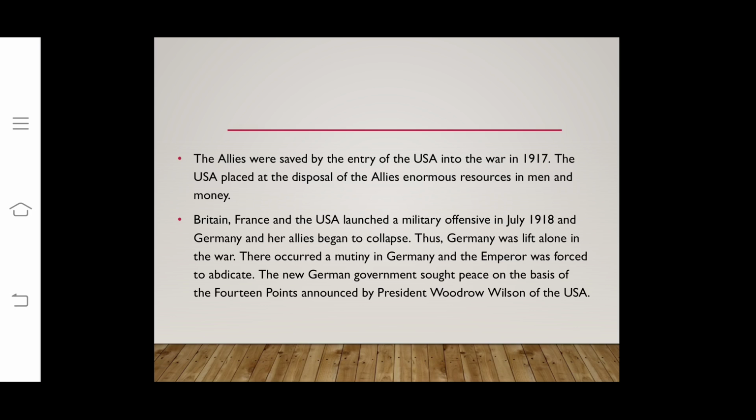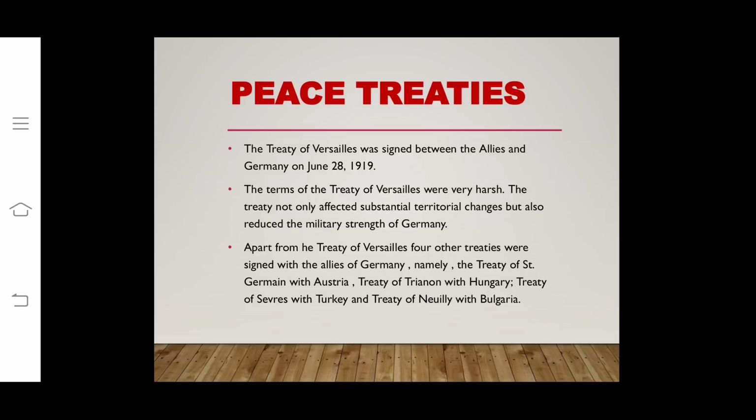There was internal disturbance in Russia. So there was a revolt in Russia against the Tsar, the autocratic Tsar. So the Russian Revolution marked the exit of Russia from the war. The entry of USA also is a very important event in the course of the First World War.